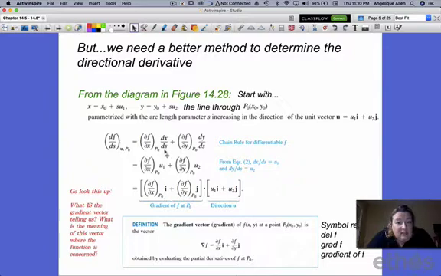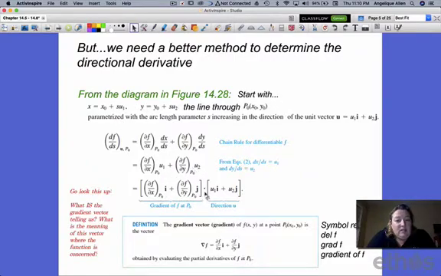So dx ds is u1 with respect to s, right? Because u1 is the multiplier. Same thing for y. The derivative of y with respect to s is just going to be the multiplier of s because y naught is a constant. So that's us actually evaluating dy ds and dx ds off these little equations.